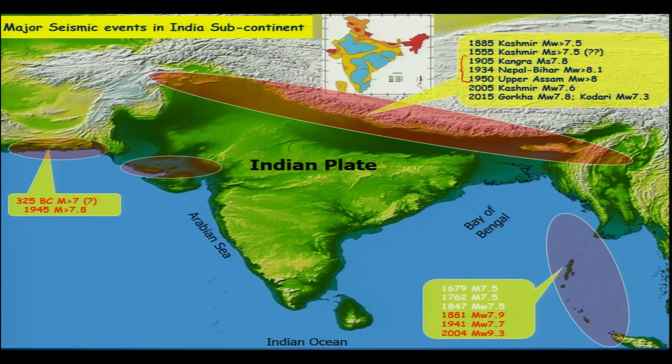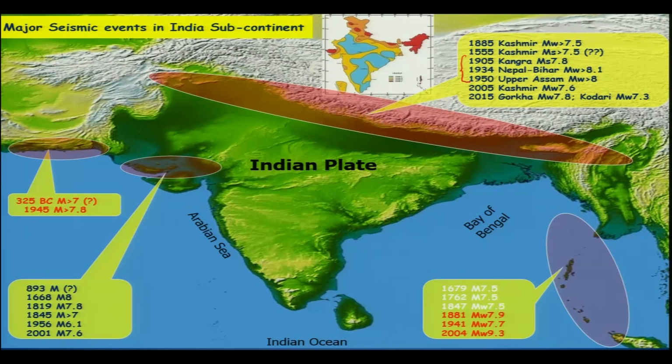And then we have another zone, which is the most active relative to what we see in Himalaya and Andaman, the Kutch region, which has hosted earthquakes during historical time. One is 893, 1668, 1891, 1845, 1956, and the most recent one is the 2001 event.